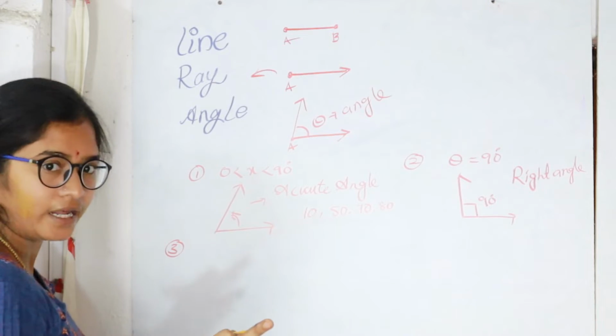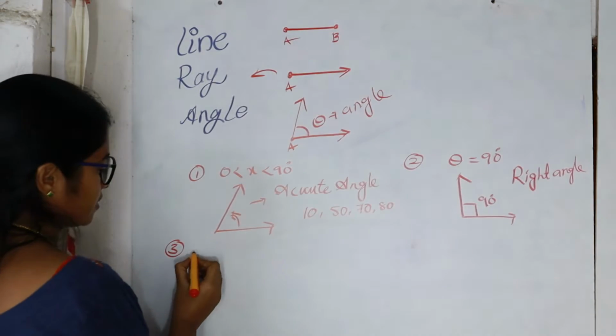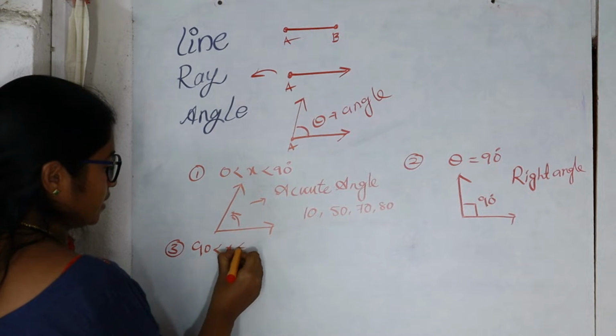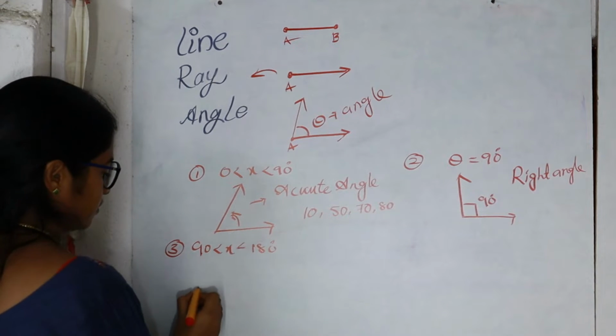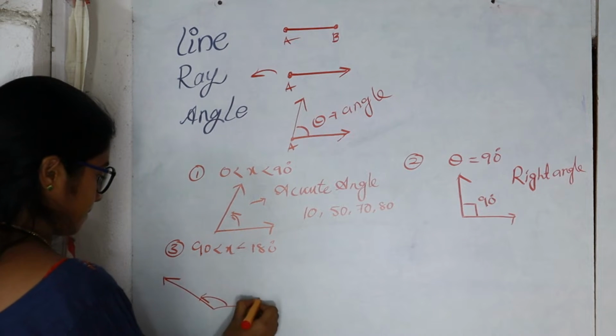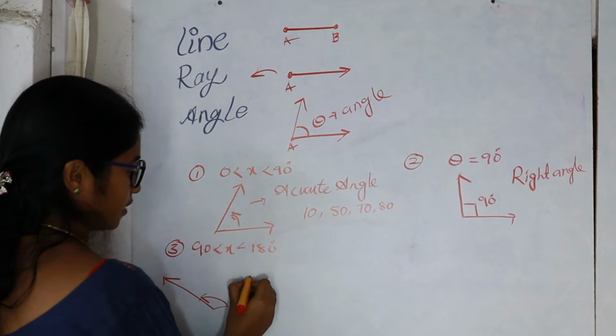Next, the third one: if the angle between two rays is between 90 degrees and 180 degrees, it is like this. It is an obtuse angle.